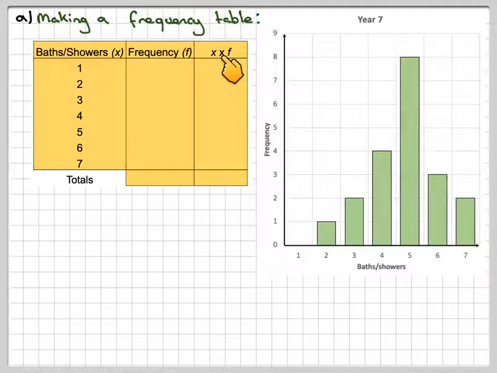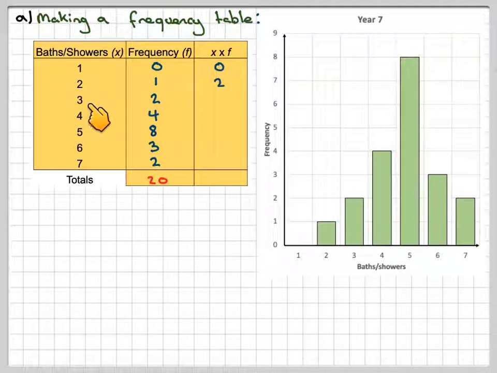So if we look here, the frequency for 1 is 0, then going down the table, 1, 2, 4, 8, 3, and 2. If we now add those up, that should come to 20. Now, here we multiply, so 1 times 0 is 0. Here we have 2 showers represented by 1 person, so that is 2 showers in total.